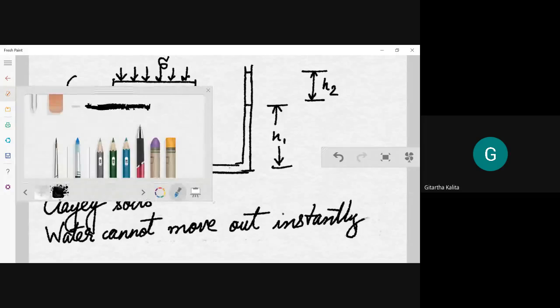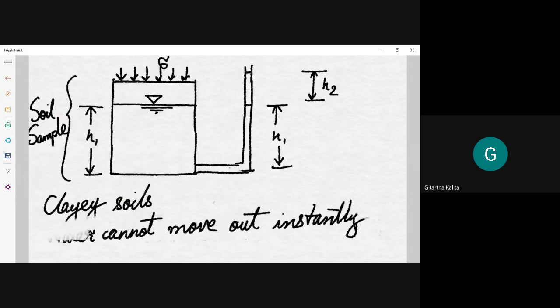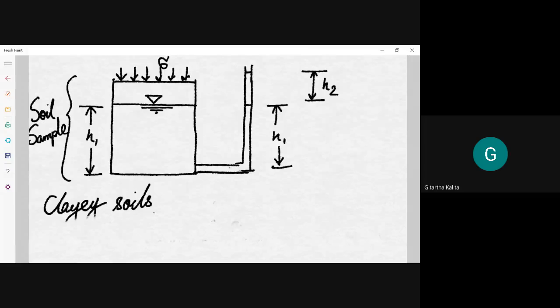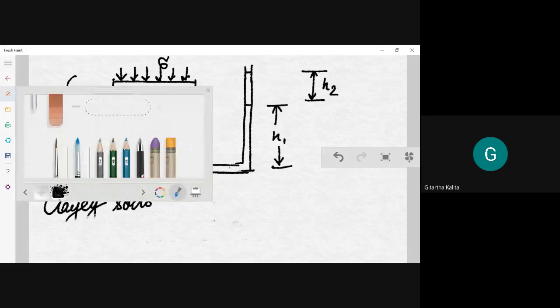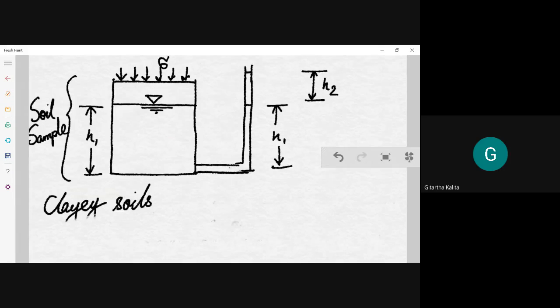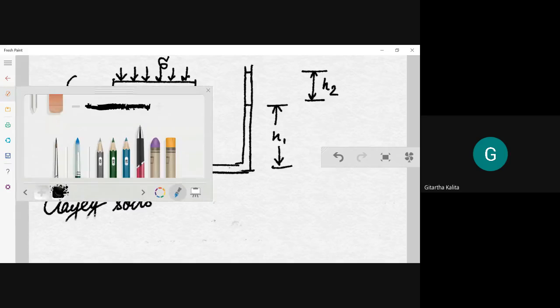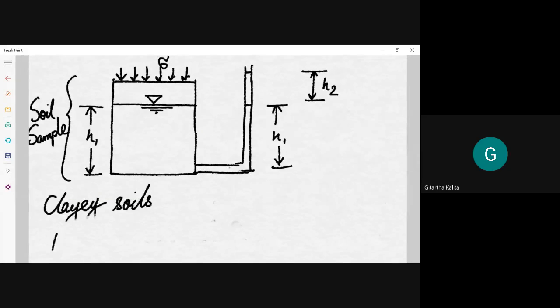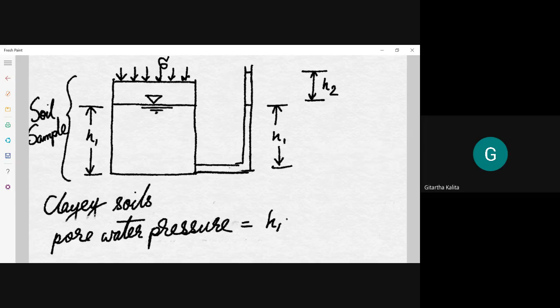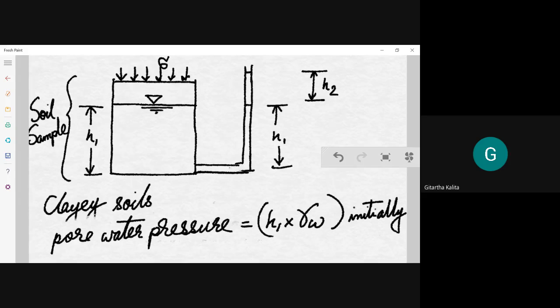Now, initially, how much load can the water take? Initially, what was the pore water pressure? The pore water pressure which is present initially in the soil is height of water into unit weight of water.